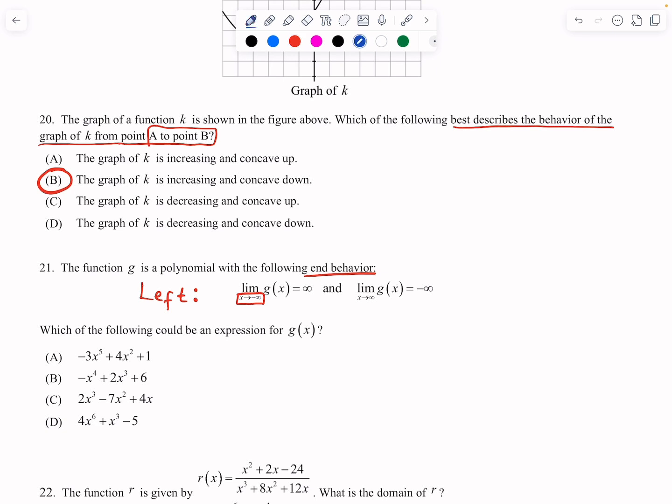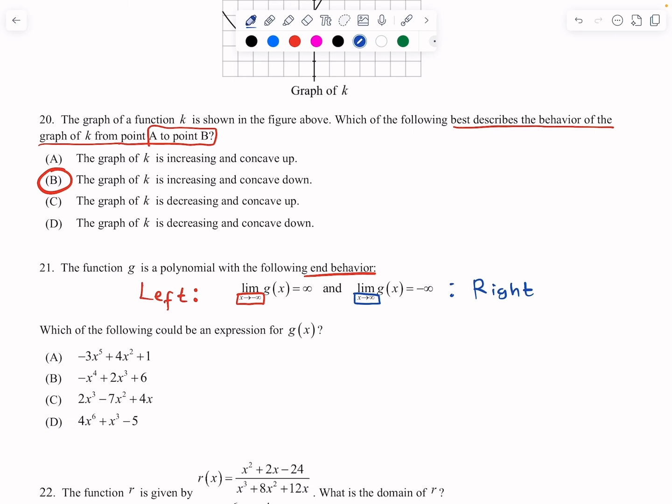And then this one right here means that x tends to infinity, which means x increases without bound. So in that case, this one is your right. There's a condition that always starts from the right.